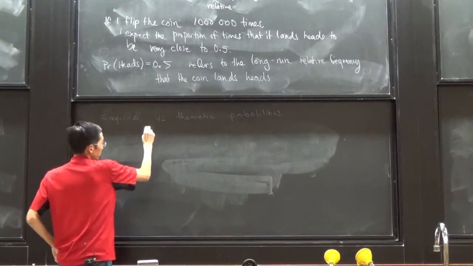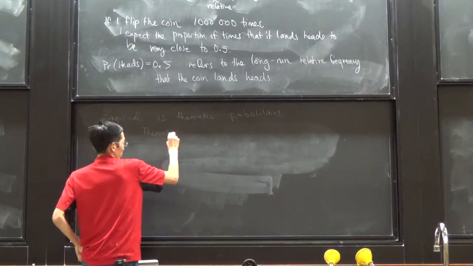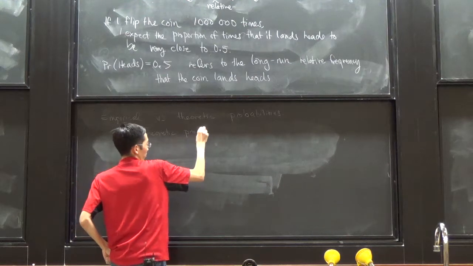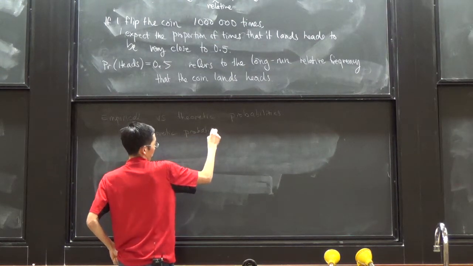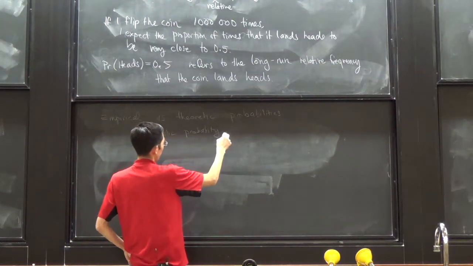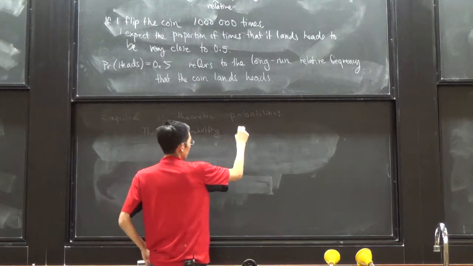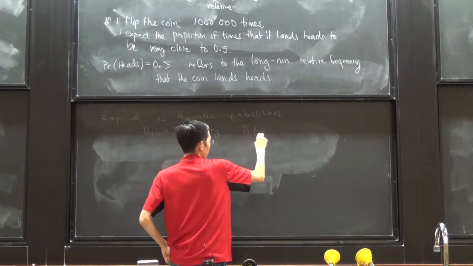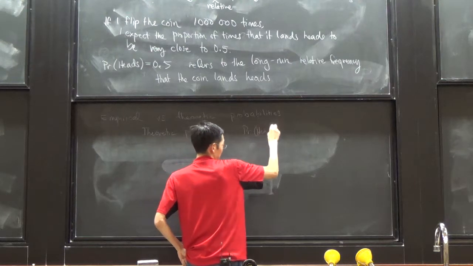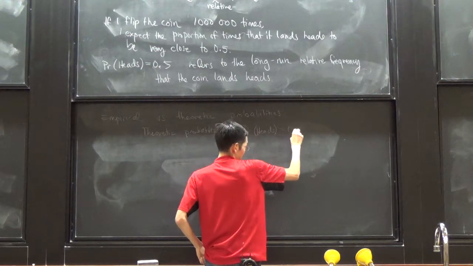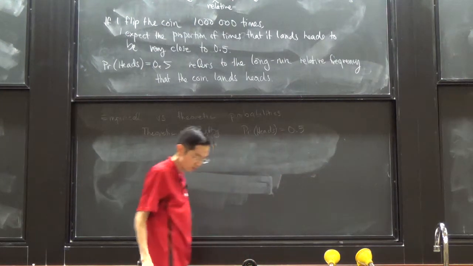The theoretic probability is that for a coin, the probability that the coin lands heads is 0.5.